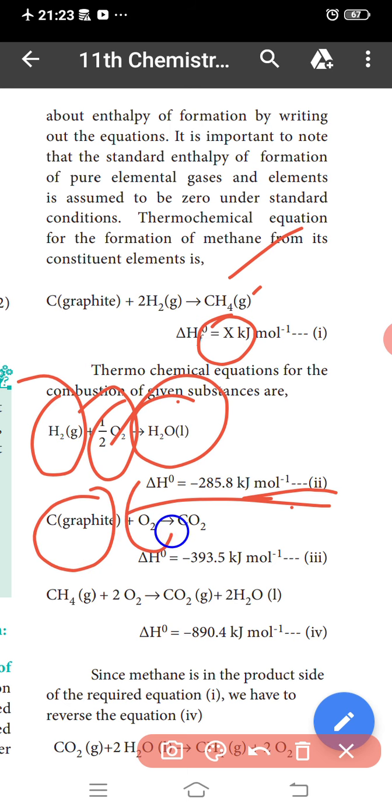Graphite added to oxygen gives carbon dioxide, with a value of minus 393.5 kilojoule per mole. This is the third one. Then the last one, the fourth one.